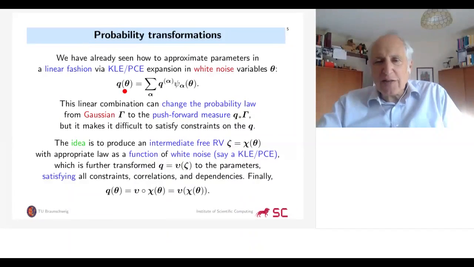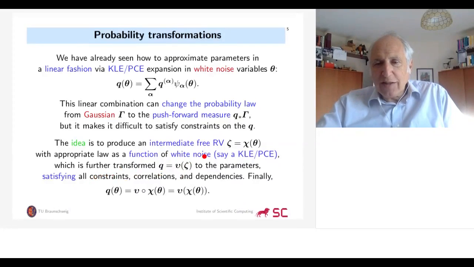So the thetas have a Gaussian law, and zeta has some other distribution. Then I further transform it to the actual parameters in the model, calling this Q. In our case, I call the zeta the log, and the Q, what's called Q here, would be the kappa, and this would be, for instance, the exponential. And then we satisfy the constraint of being positive, okay?